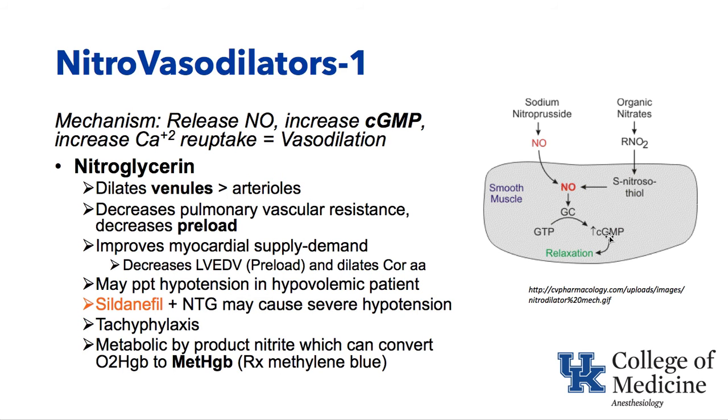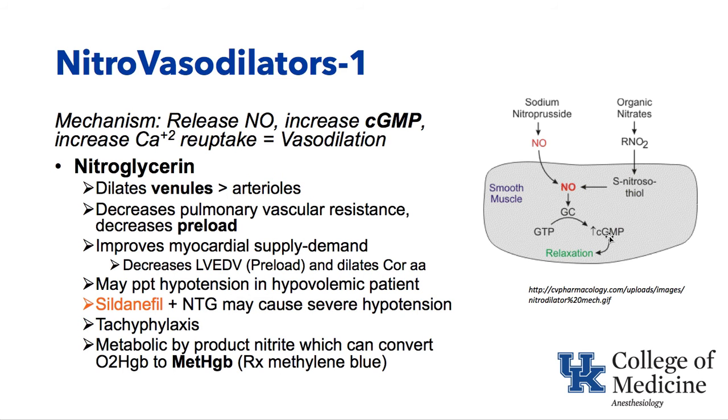So nitroglycerin administration to a patient who possibly is unrecognized hypovolemic can result in severe hypotension, as can combining sildenafil, which is used for erectile dysfunction, with nitroglycerin. You can get severe hypotension also. Tachyphylaxis, administering doses of nitroglycerin over long periods of time or in high doses, can result in the requirement for increasing in higher doses.